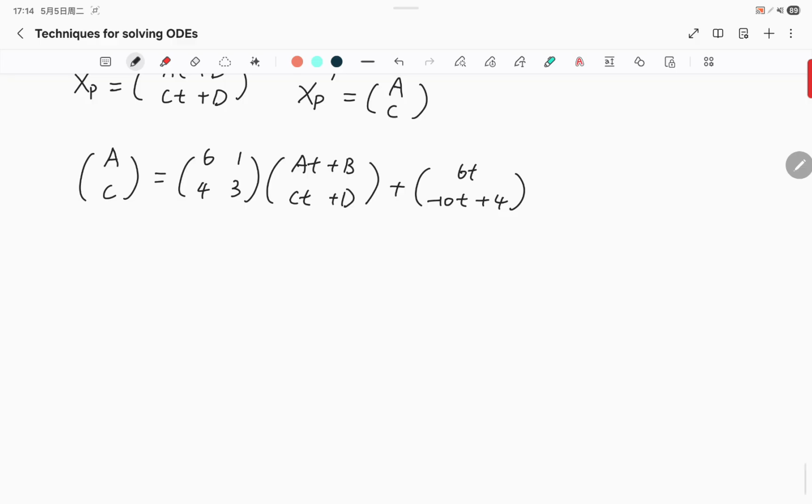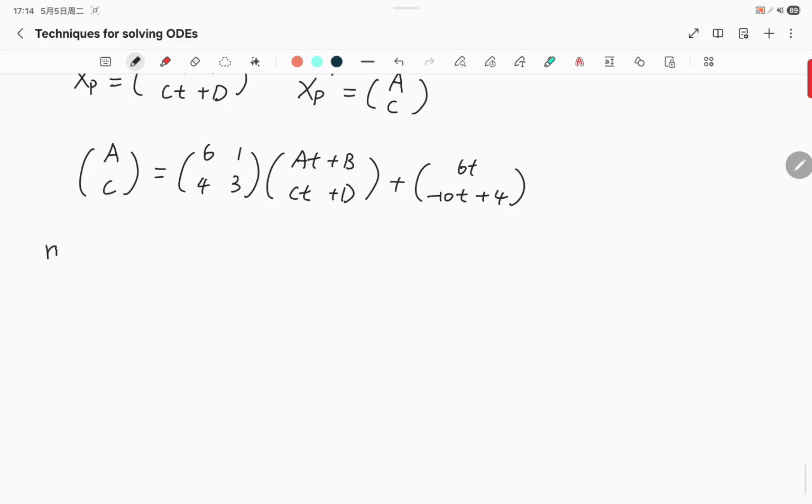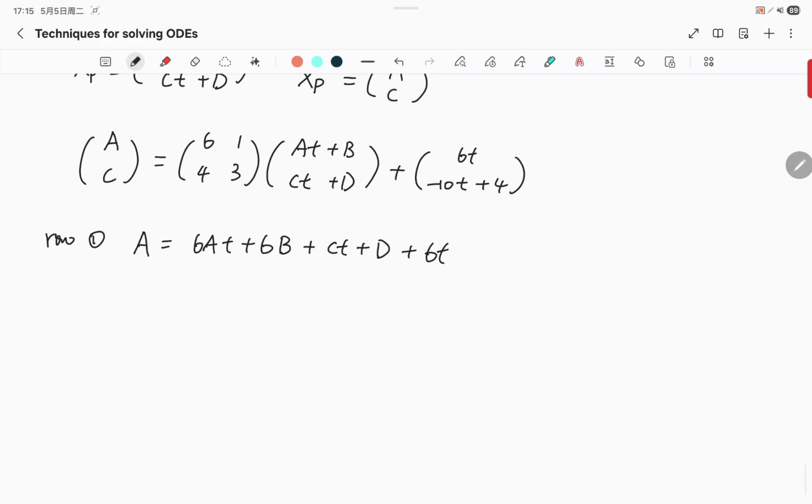Okay, so let's do row 1, the top row. a is equal to, distribute this into that, distribute this into that, 6at plus 6b plus ct plus d plus 6t.